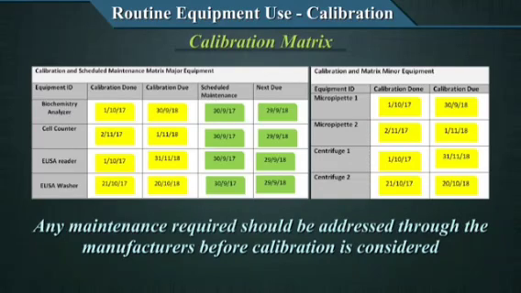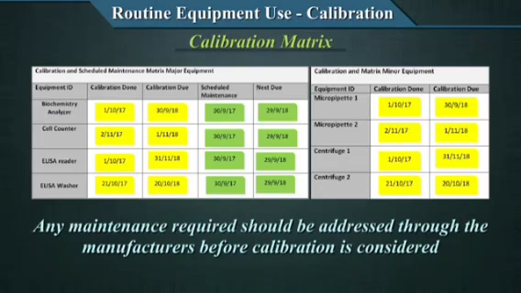But in the case of minor equipment, generally the maintenance is not done by the third party agency. We already talked about it. They only calibrate. So if there is any maintenance required, suppose a spring of a pipette is not working properly, you would want to fix it before you send it out for calibration, because there's no point calibrating a defective equipment. So first repair it if it's repairable, and then do your calibration.